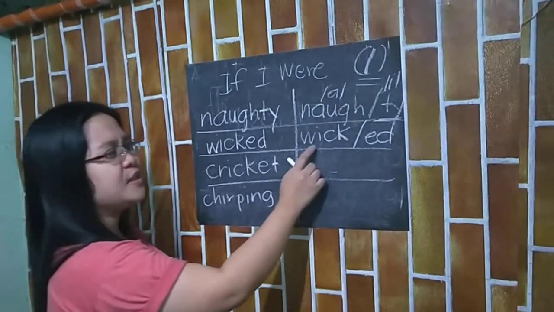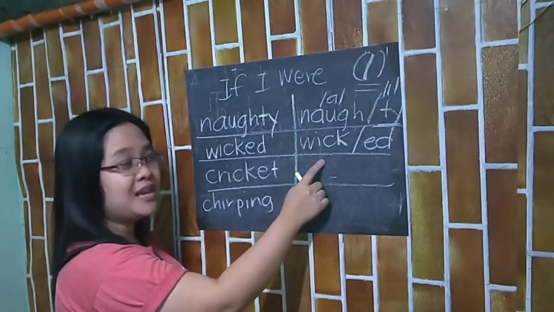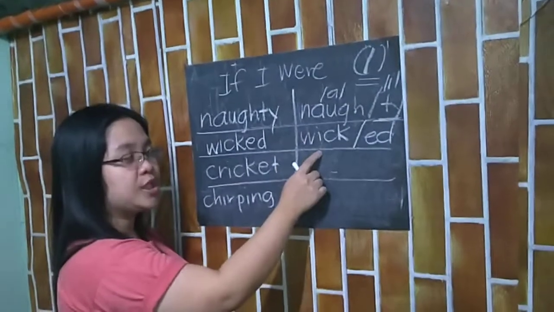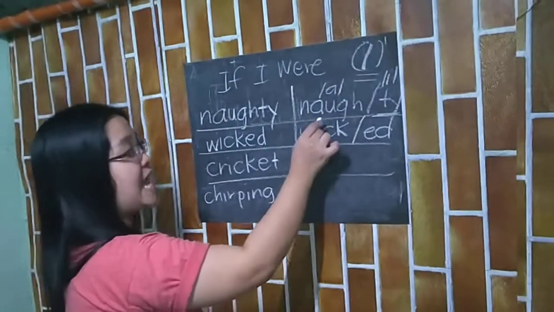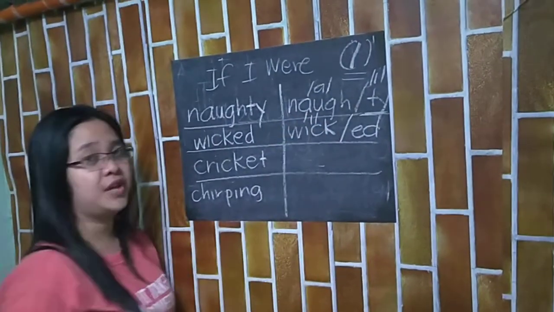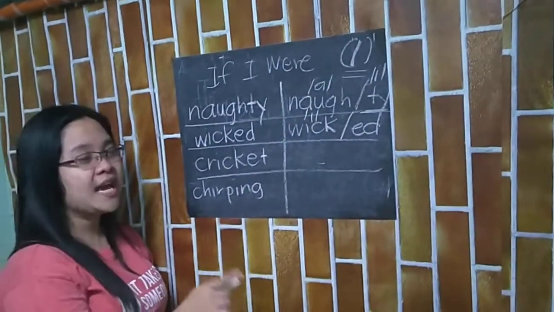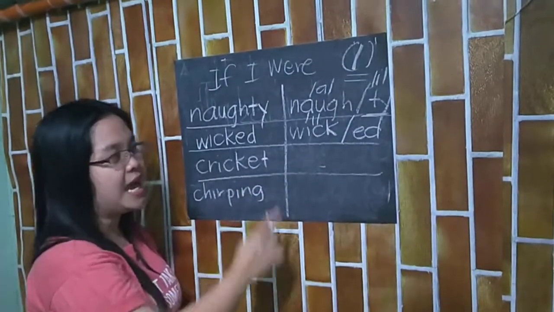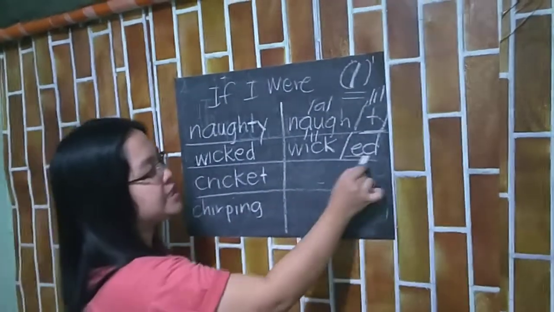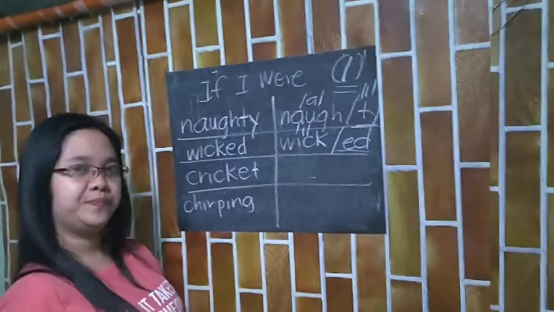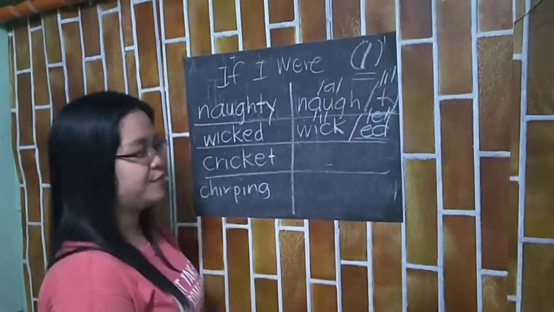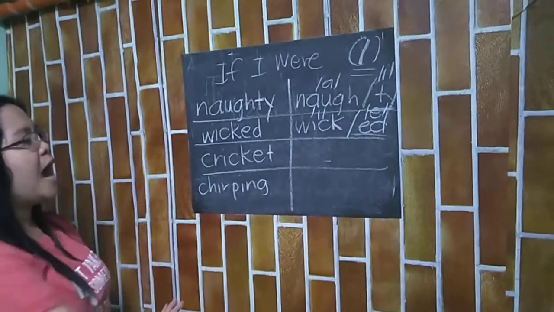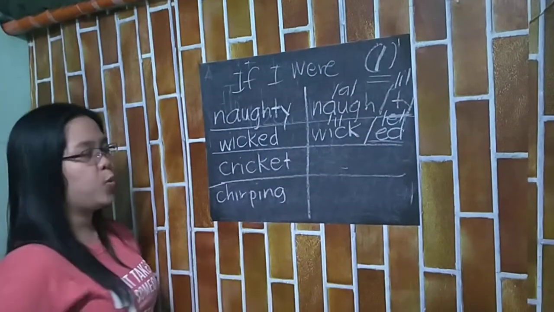Now, what vowel sound can you hear on the word wick on our first part? Okay, you can hear the vowel sound I. Very good. Wick, there's a vowel sound I. How about on the second part, ed? Okay, so we can hear the vowel sound E. Very good.